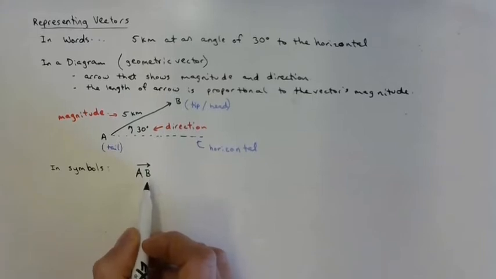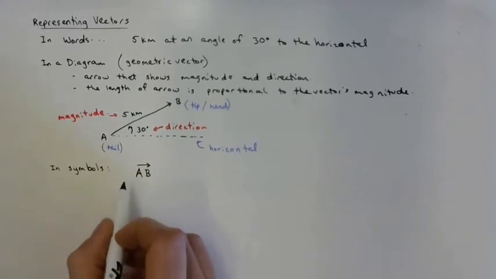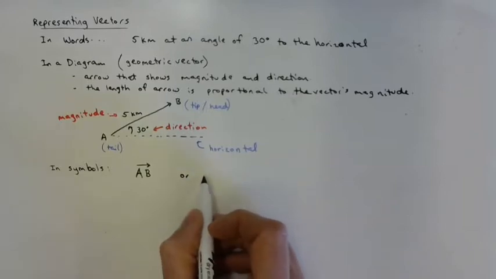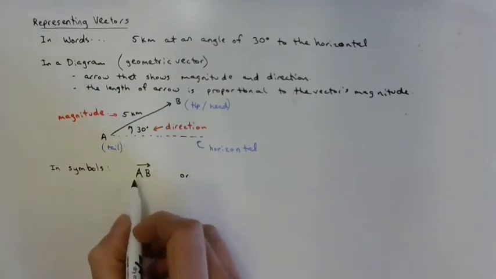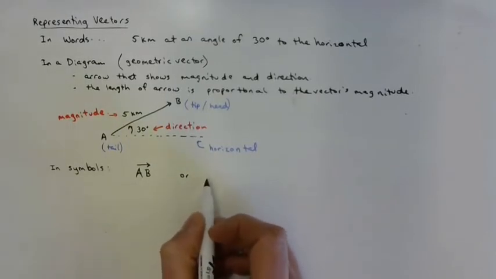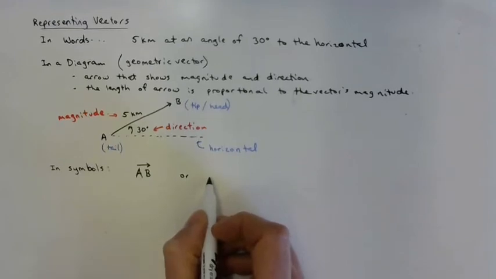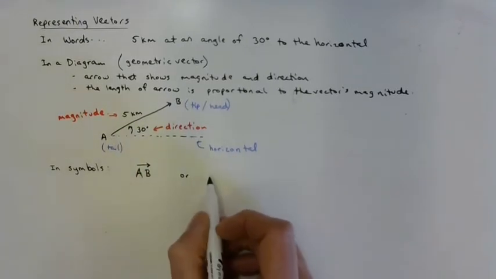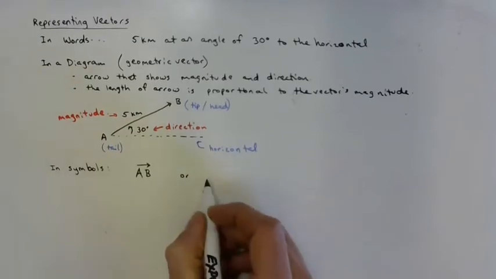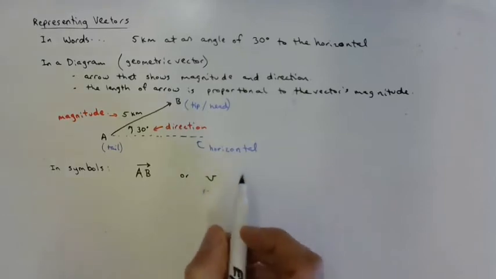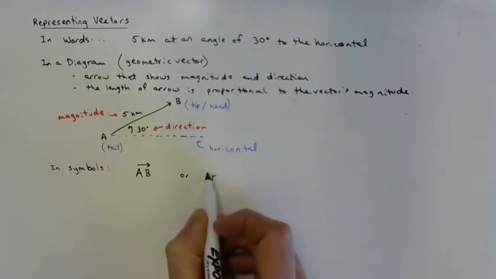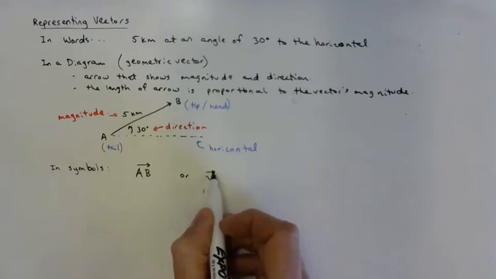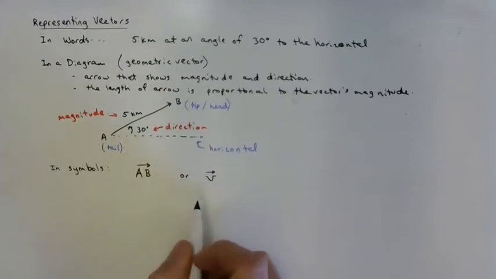There is another way that we use it in symbols. Instead of representing it by its endpoints, you can also just name the side. So it's just like triangles really, but we can call this a cursive V. I don't know how to do a cursive V, something like that. And it's just going to have a little arrow over it. Okay, so that is the vector.